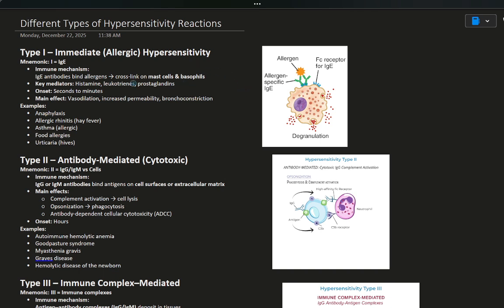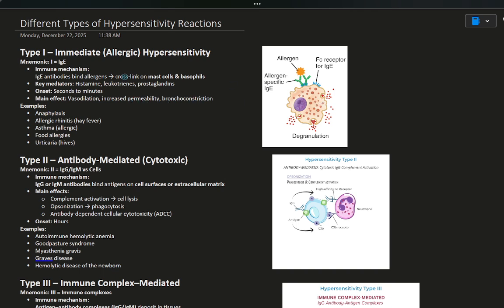And what's going to facilitate these actions are the following mediators, such as histamine, leukotrienes, and prostaglandins. And basically what happens is the mast cells or the basophils will degranulate, and that degranulation will lead to effects such as vasodilation, increased permeability, and bronchoconstriction.